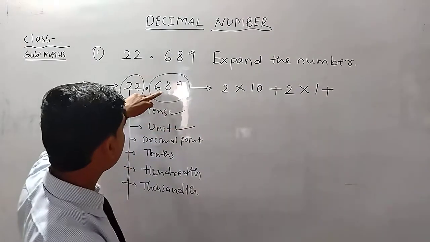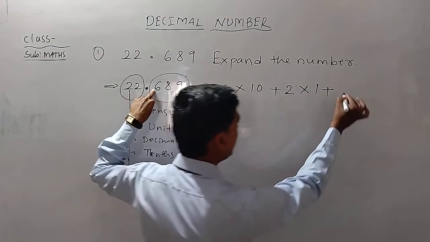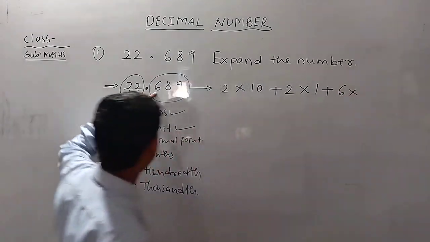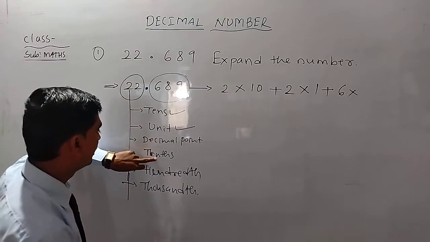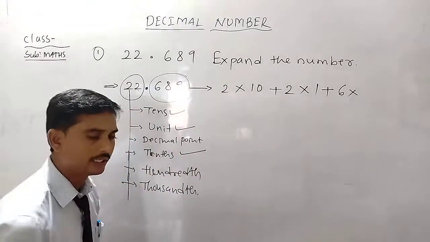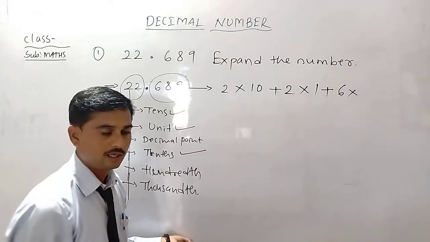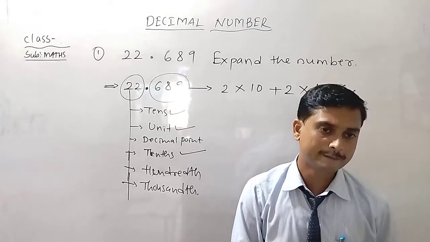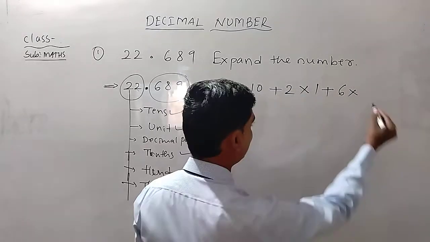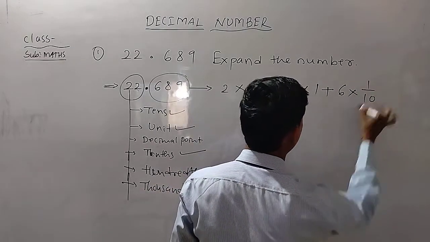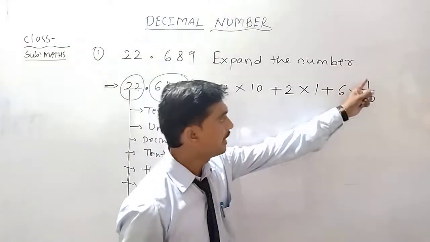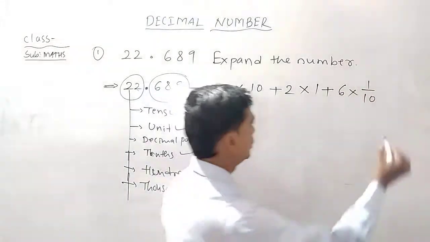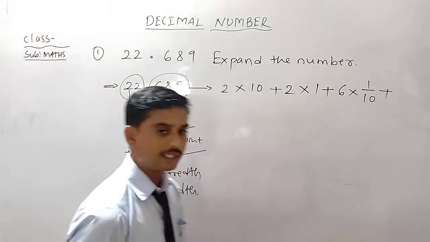Come to the next number, 6. 6 multiplication, 6 has which place? Tenths place. Then the tenths place value is how much? Yes, sir, 1 by 10. Then you should keep a plus symbol.